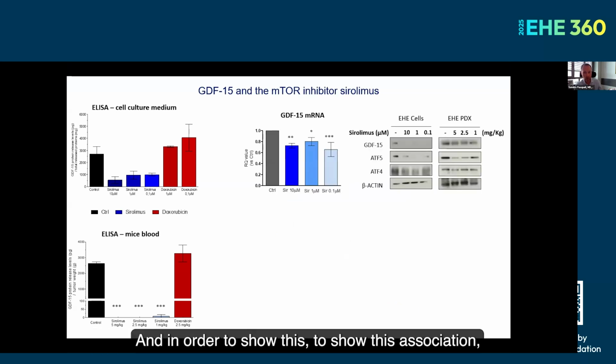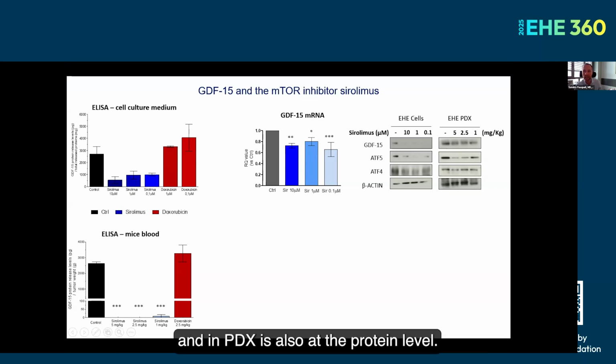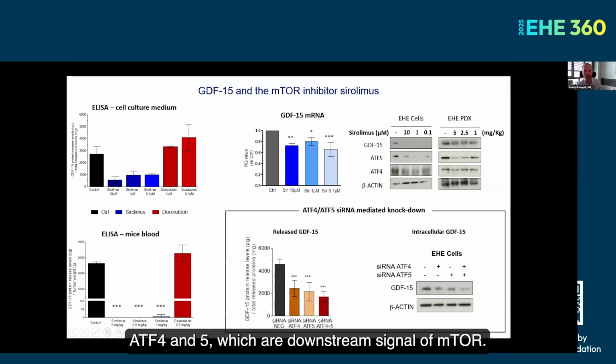And in order to show this association, we realized that the transcription of GDF15 was lower when sirolimus was given to cells, and that was true both in cell lines and PDXs, also at the protein level, and this involved also the transcription factors ATF4 and 5, which are downstream signals of mTOR.